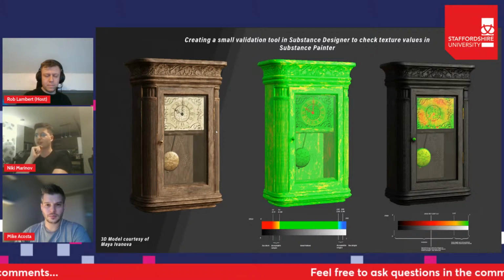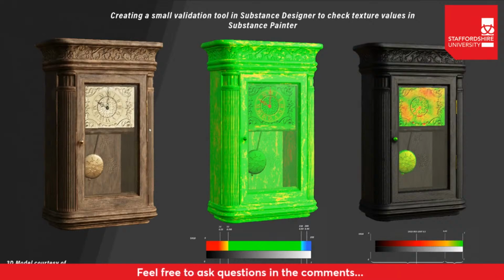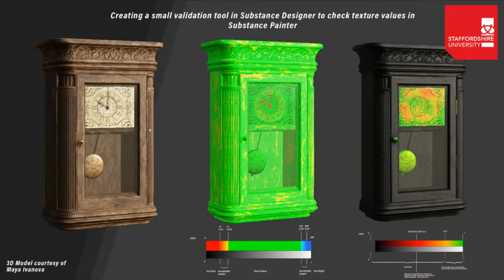So, for example, everything that's red here is too dark, so it has to be nudged a little bit to the right of that graph. And for the metallic values, you can see how here it's not 0 or 1, so you have some of those red values. It's good until you have the yellowish ones, but when you go to the red ones, it means that it's not going to look that correct.